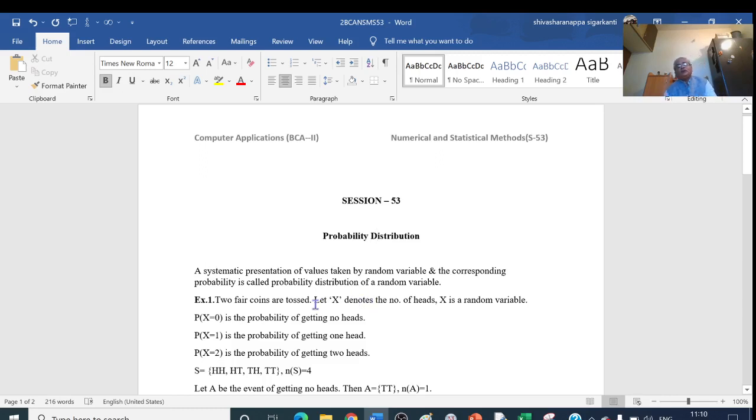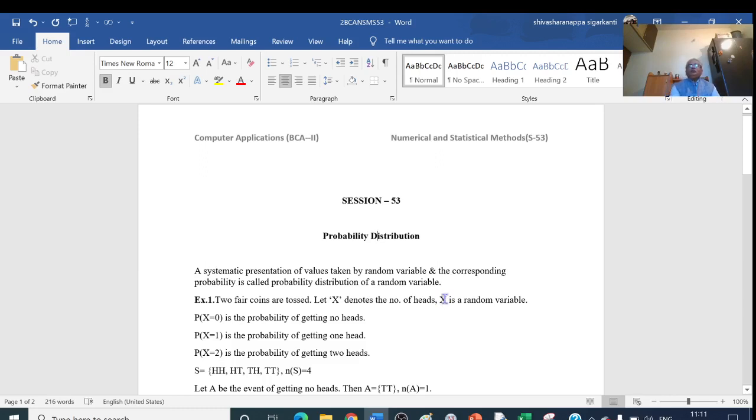These are the possibilities. That means x can take the value 0 if there is no head, 1 if there is one head, and 2 if there are two heads.